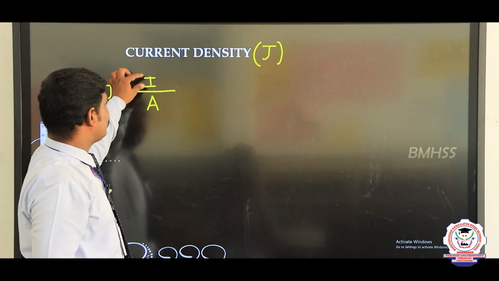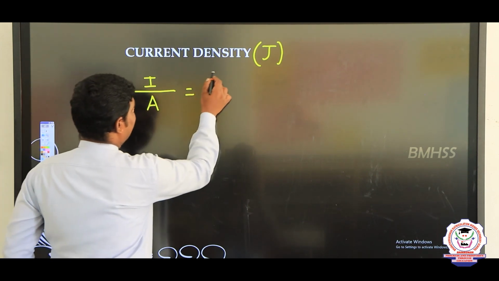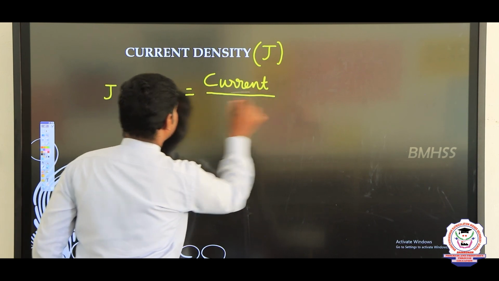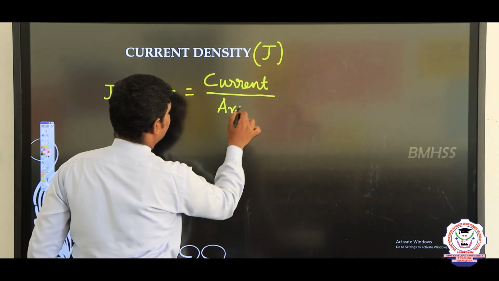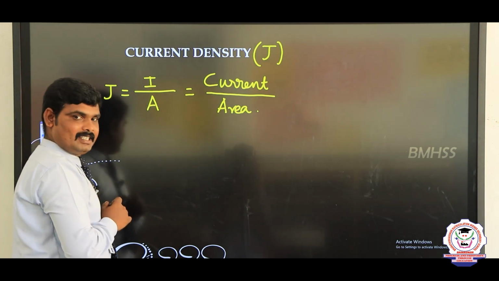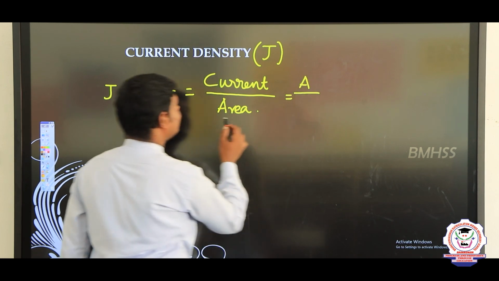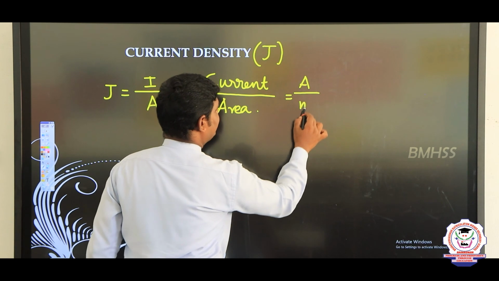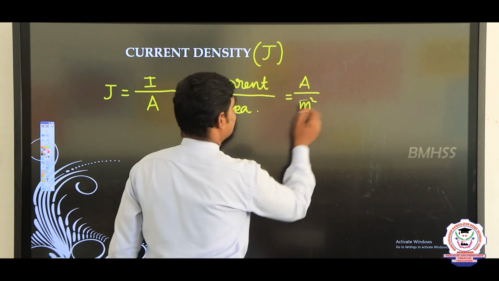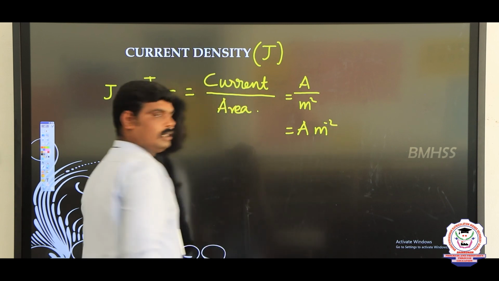So J is equal to I by A, where I is the current and A is the area. The unit of current is ampere and the unit of area is meter square, so the unit for current density is ampere per meter square, that is, ampere meter inverse 2.